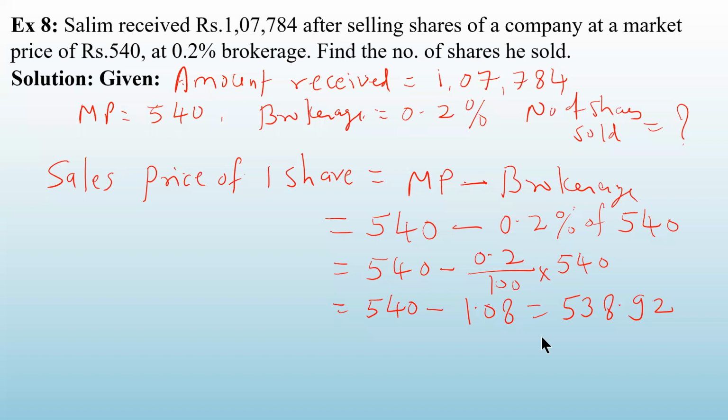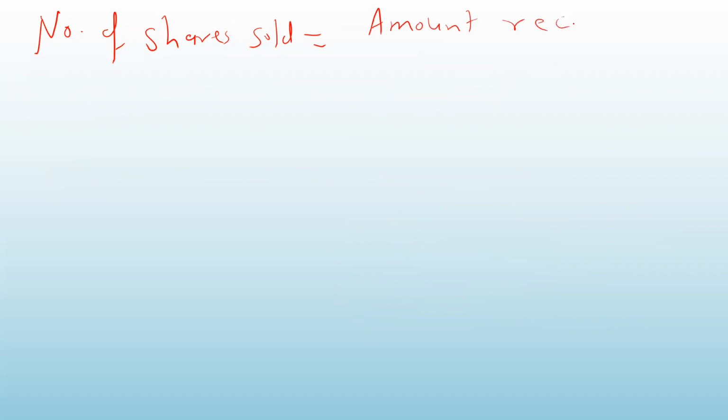Okay, fine. Now what you have to do? You have to find out the number of shares sold. What is the formula to calculate the number of shares sold? Number of shares sold is equal to amount received.